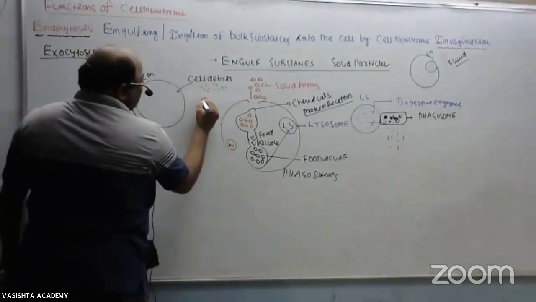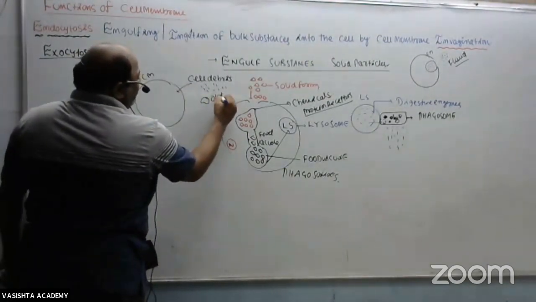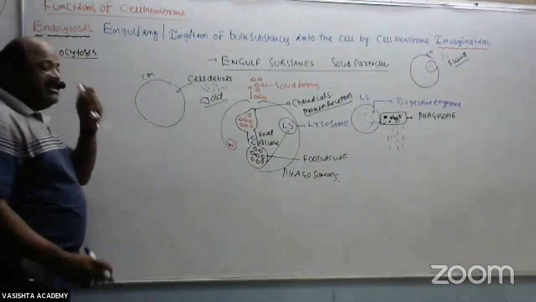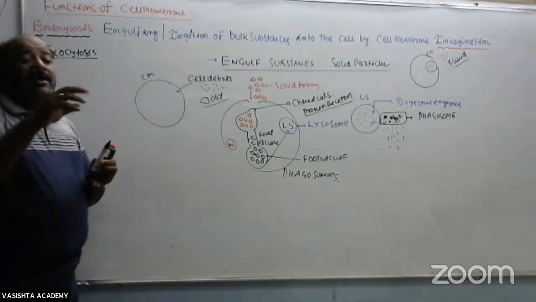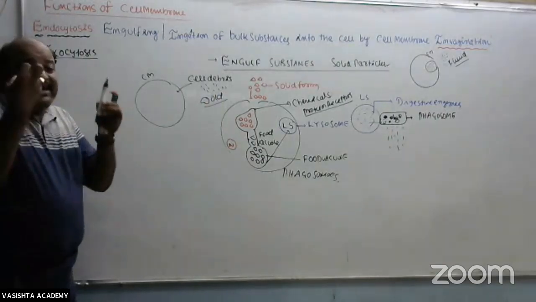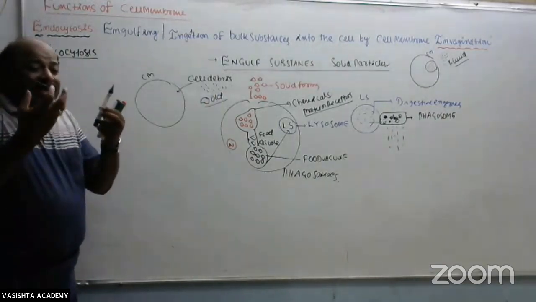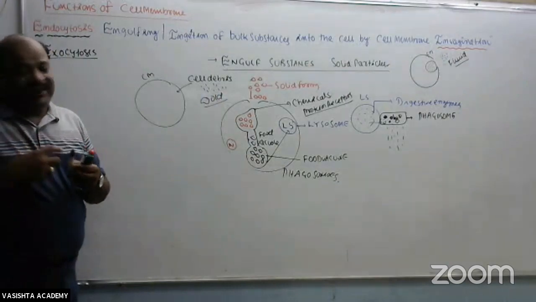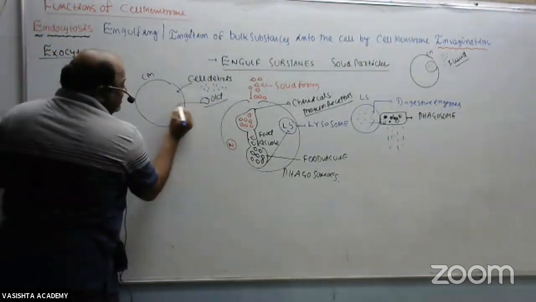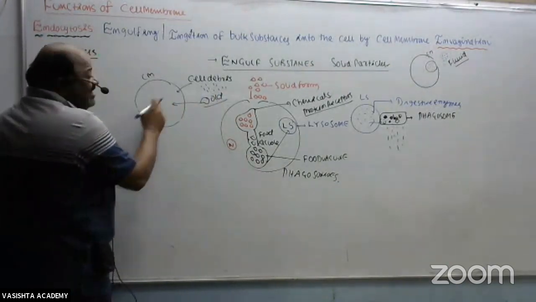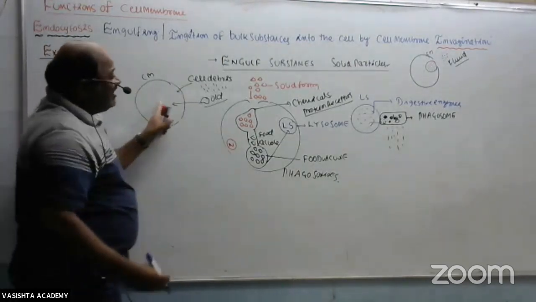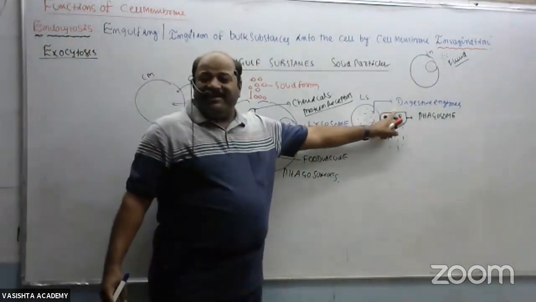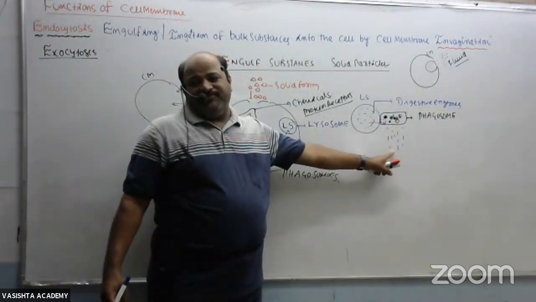Some of the cells will become old. When a cell becomes old, it is subjected to a senescent process, meaning it becomes aged. The aged cells cannot function properly, so these aged cells will also be taken inside. The cell debris will be taken inside. Finally they are digested by these digestive enzymes. That is the meaning.